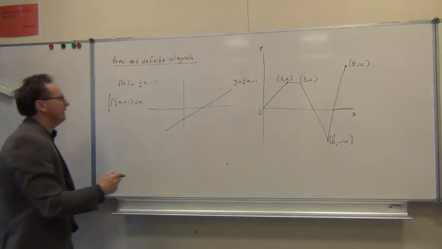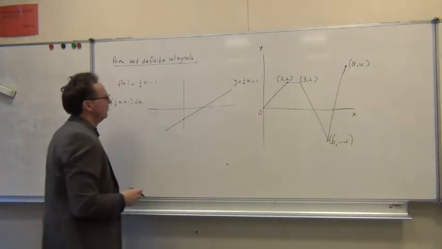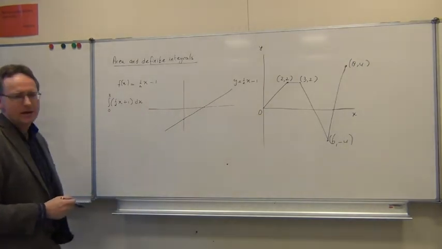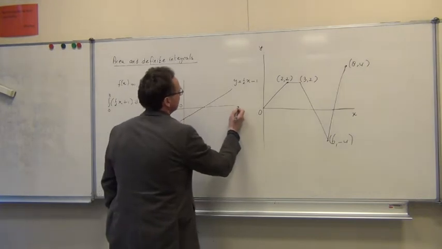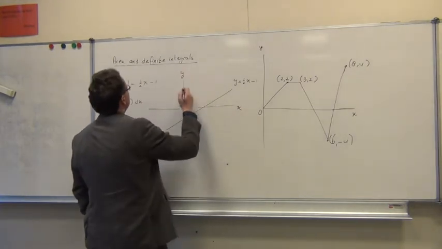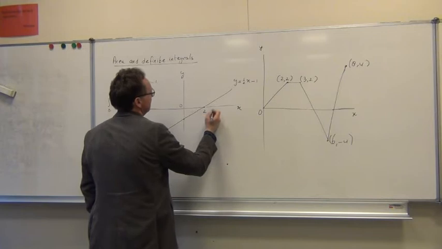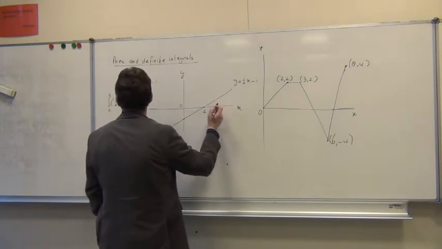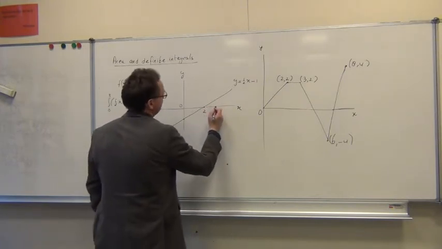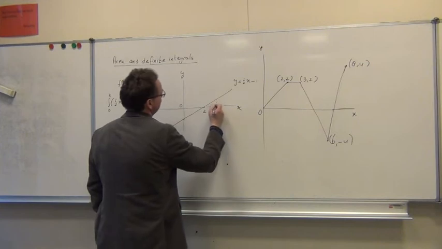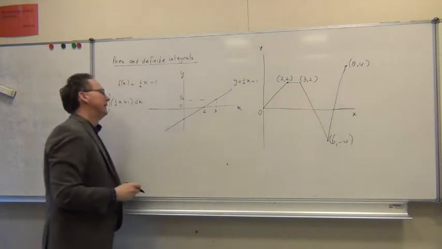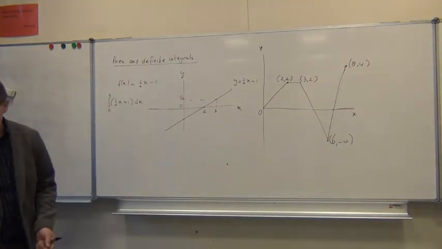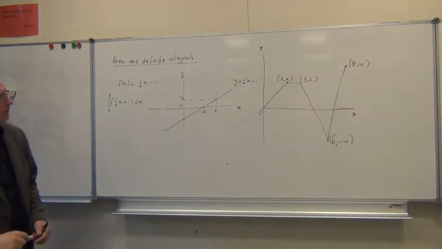Okay, notice that the graph is partly under the x-axis. So this is 0, x, y. For x is 2 it's 0, and for x is 3 it's going to be a half. Yes? So what is the area under the curve?